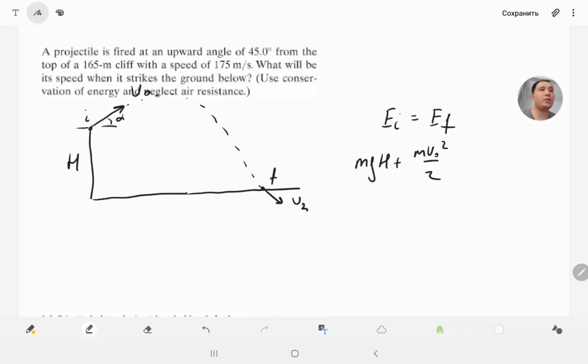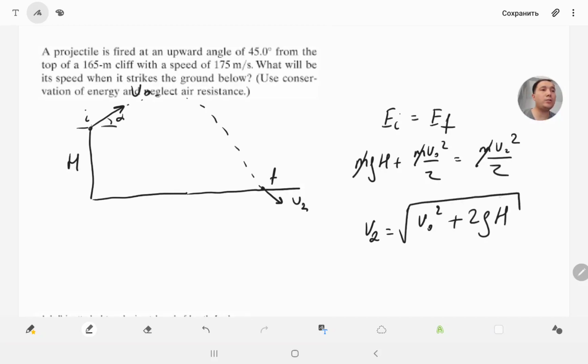Finally, it will be almost at the ground, so no potential energy, but it has a velocity, so we have kinetic energy with V2. From this equation, V final squared equals V initial squared plus 2gh. As you see, there is no information about the initial angle. We don't need the initial angle.